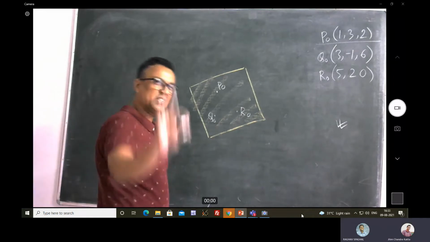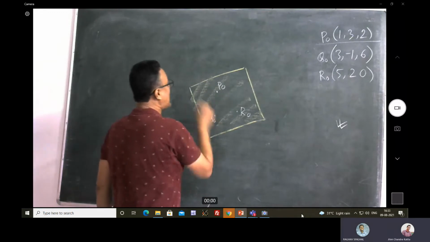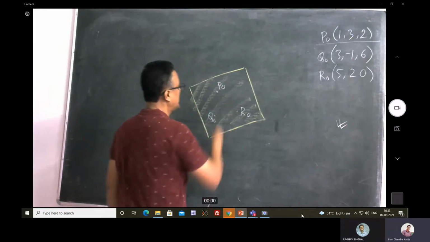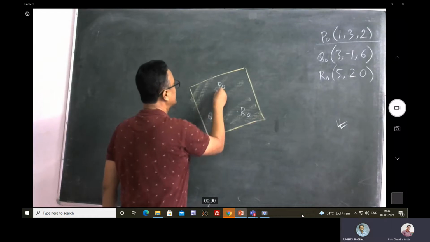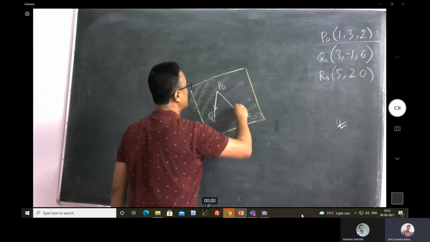Okay, let me tell you. You will see that it's going to be very, very easy. I can find any 2 vectors out of these 3 points. Say suppose I am considering the vectors P naught Q naught and P naught R naught.